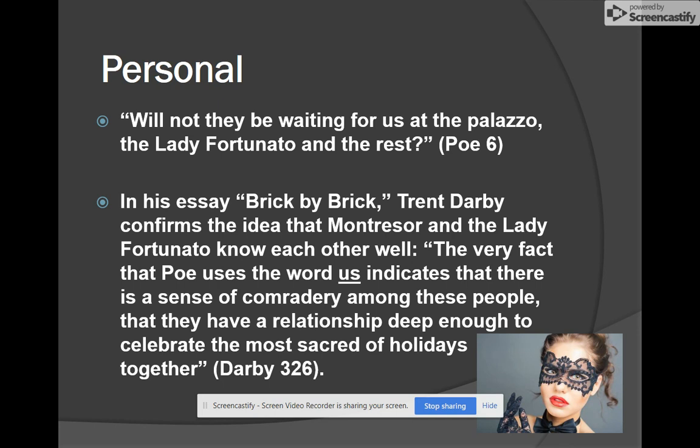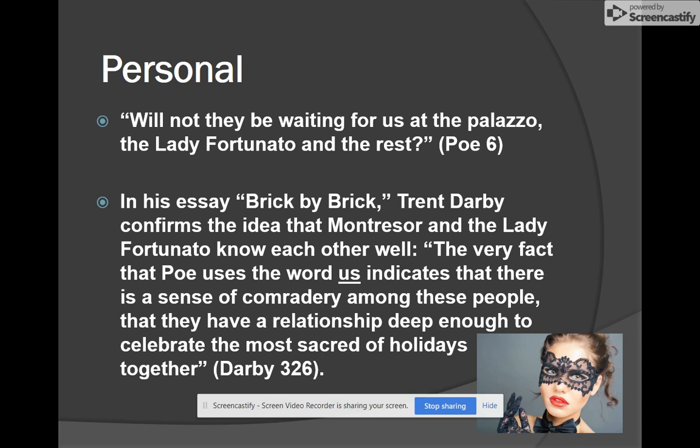So think about the people that you would spend Christmas or Hanukkah or Kwanzaa or whatever big holidays you have coming up, New Year's Eve, who would you spend those with? You would spend those with those with whom you were the closest.